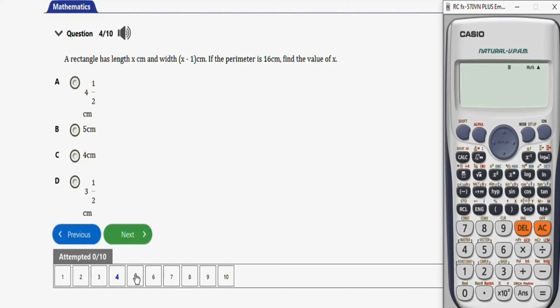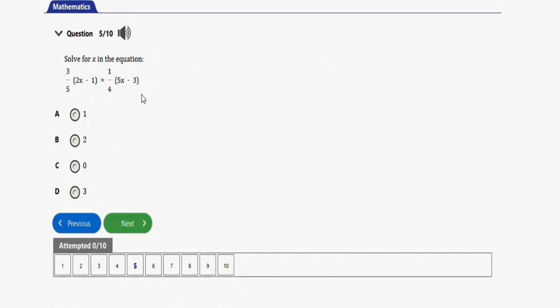Next question will be this one. It says solve for x in the equation. So let's bring a calculator and do this as well.